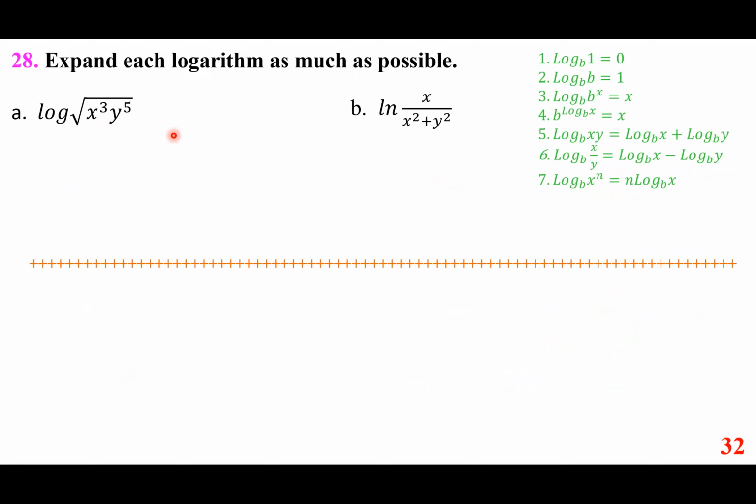We want to continue with decomposition. So we're going to write this as a parenthesis to the power of 1/2, because it's a square root. If it were a cube root, we would say to the power of 1/3. And so 1/2 sits in front. So we write 1/2 log of x cubed y to the power of 5.